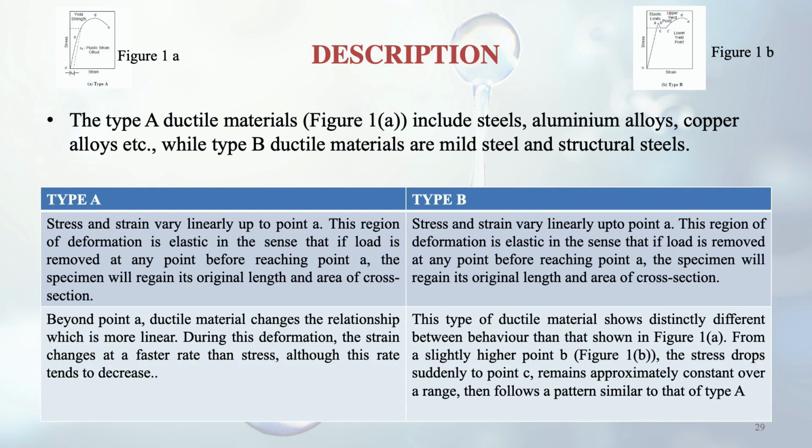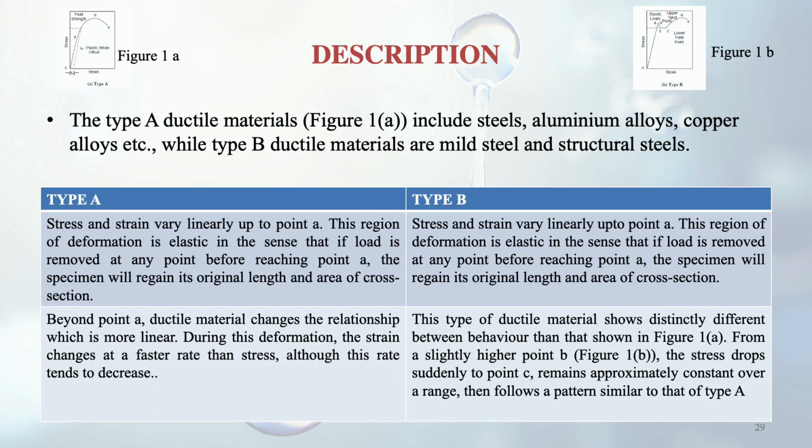The details which I have explained are again given here: stress and strain vary linearly up to point A in both cases, type A as well as B. This region of deformation is elastic in the sense that if load is removed at any point before reaching point A, the specimen will regain its original length and area of cross section.